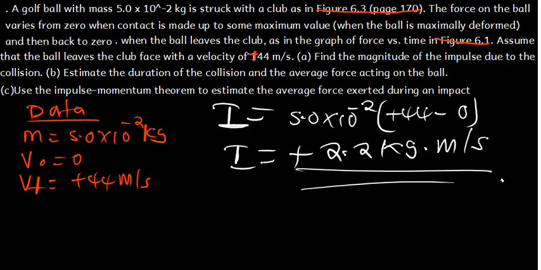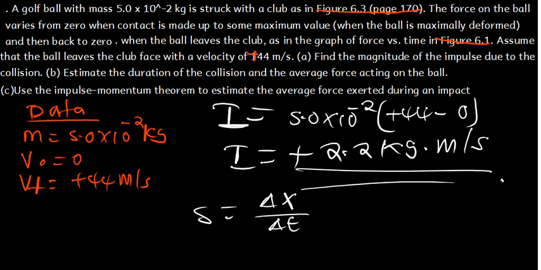Okay, so if we come to speed, speed is given by the change in distance divided by the change in time. I want to find the time in this case.